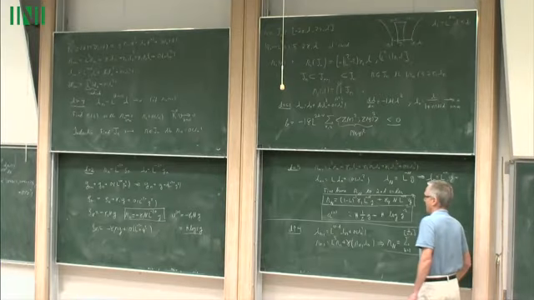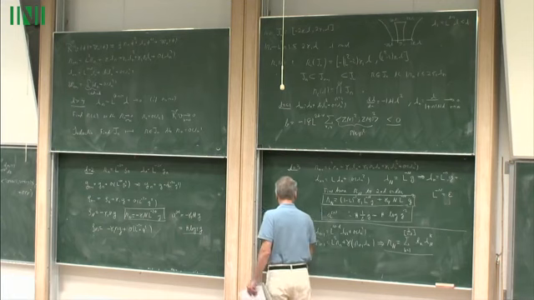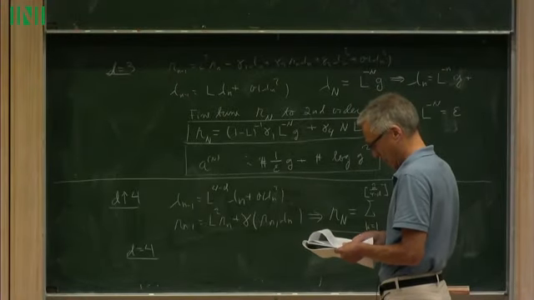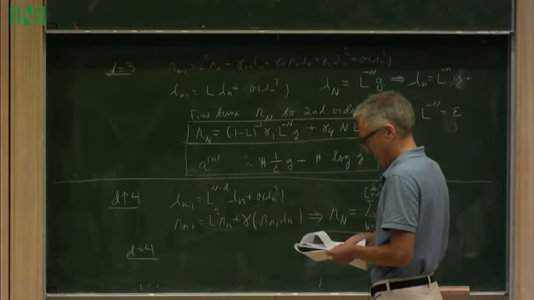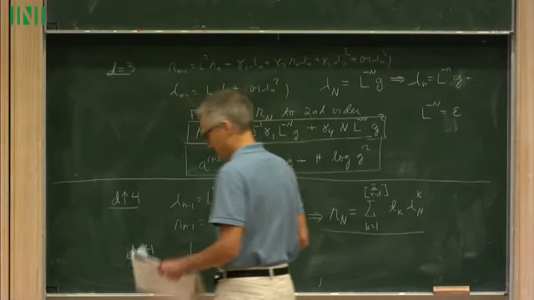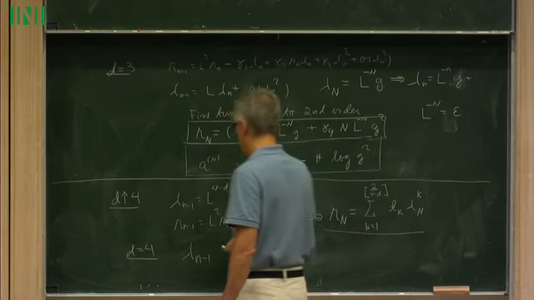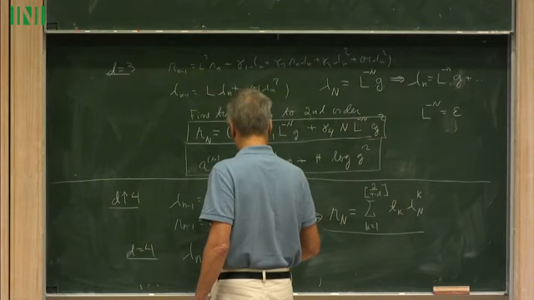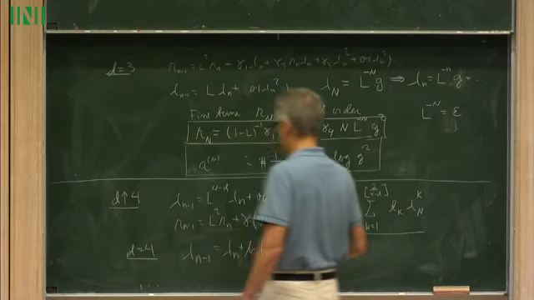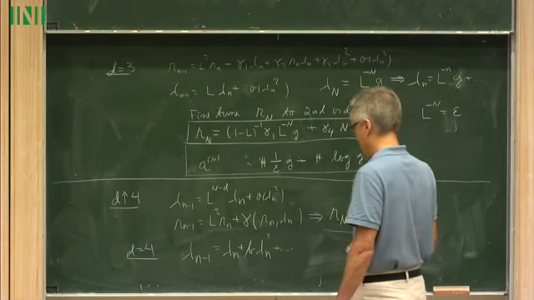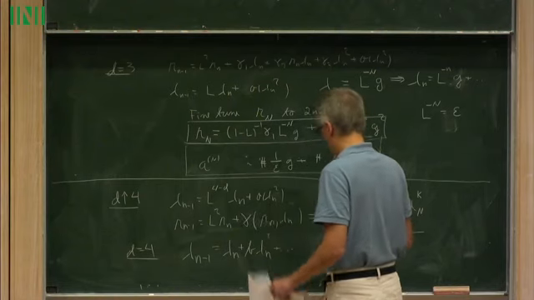Okay. So t equals 4. What happens there? Well, let's write it again. It's like we had before: lambda n plus b lambda n squared, etc. And b was negative, so it's decreasing.